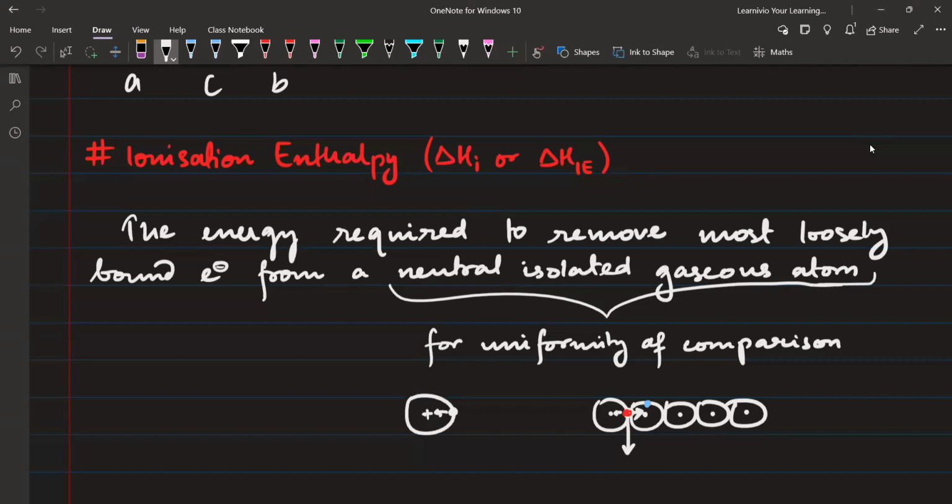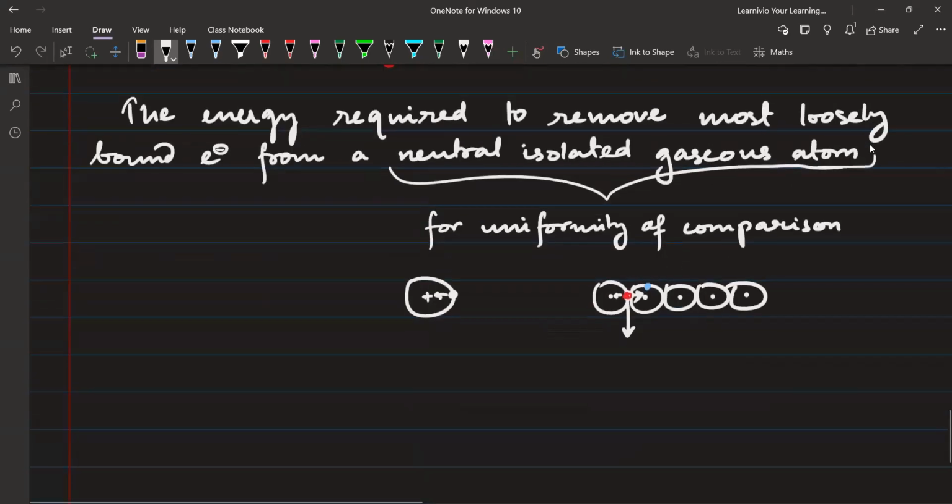That is why we take a neutral isolated gaseous atom, so that the only attractive force on the electron is the nucleus of that atom. That gives uniformity, and we can compare the ionization enthalpies of different elements. So this is the meaning of ionization enthalpy.